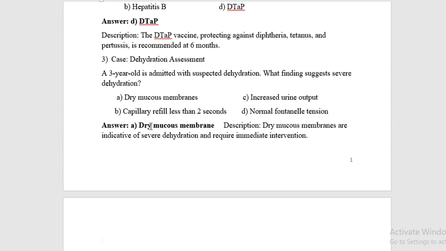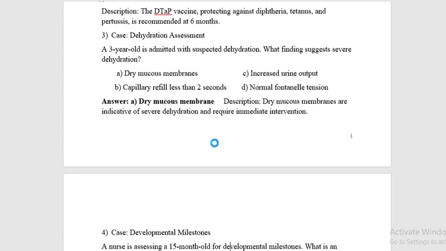The answer is choice A, dry mucous membranes. Dry mucous membranes are a sign of dehydration and require immediate intervention.